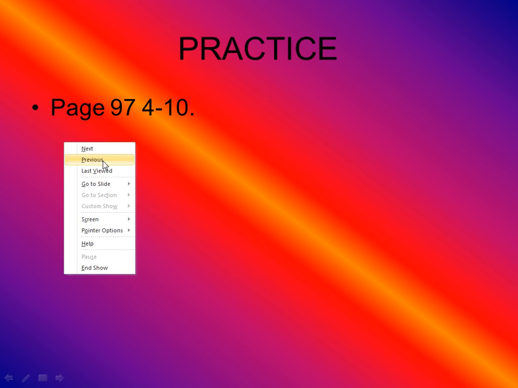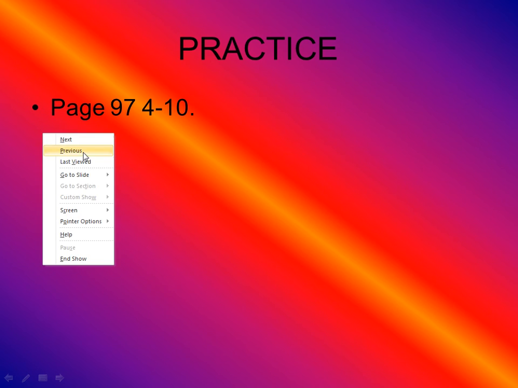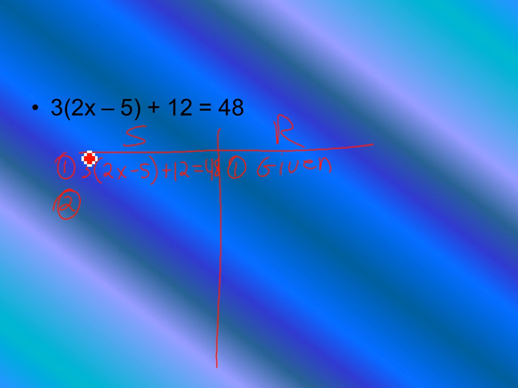Next thing, to solve this equation, first thing we're going to do is distributive property, get rid of the parentheses. So I'm just going to write down what we get once we use distributive property. 3 times 2x is 6x. 3 times -5 is -15.